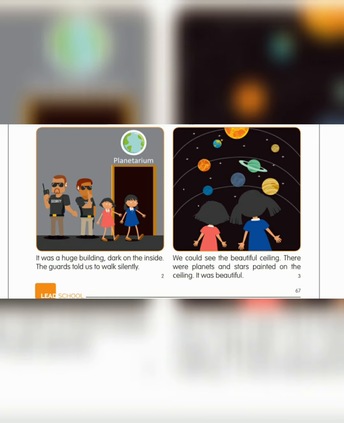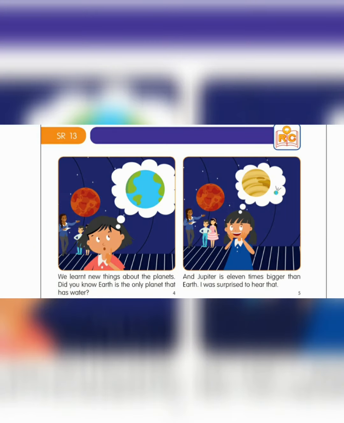Now see the third page of the story. We could see the beautiful ceiling. There were planets and stars painted on the ceiling. It was beautiful. See the fourth page of the story. We learned new things about the planets.